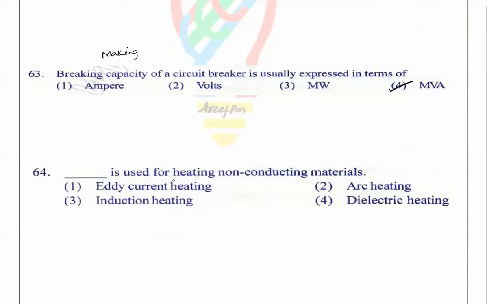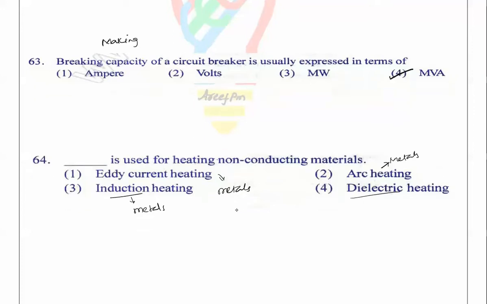That is dash is used for heating non-conducting materials. So eddy currents are passing through conducting bodies such as metals, and arc heating is also possible with metals only, and induction heating is also possible with metals, and dielectric heating is only possible for non-conducting materials.